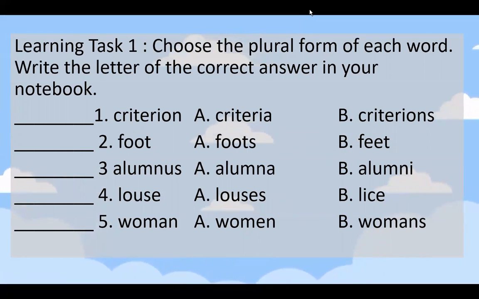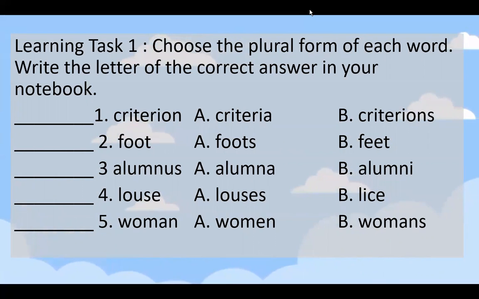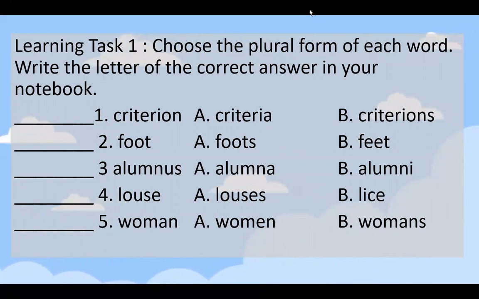This is some sort of a diagnostic test about your understanding or your previous experience with irregular nouns. In answering this test, you are just going to write the letter of the correct answer in your notebook. So number one, we have criterion.